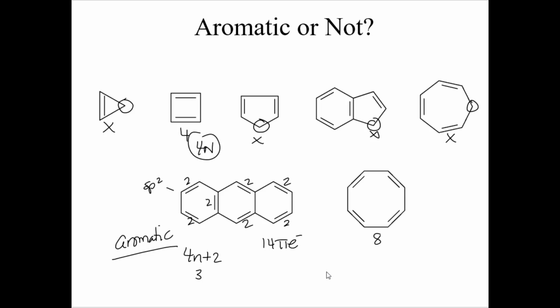And molecules that are planar and have 4n numbers of pi electrons are called anti-aromatic. And so what does anti-aromatic mean? Well, if aromatic means super stable, anti-aromatic means super unstable.